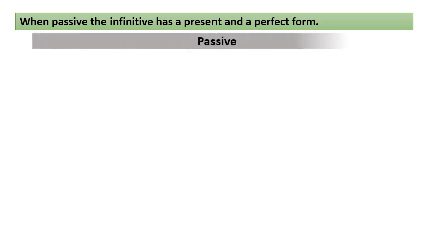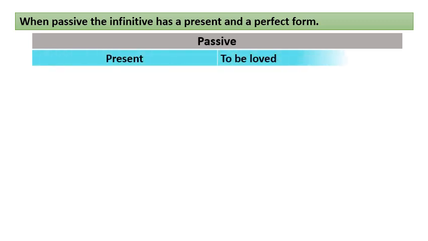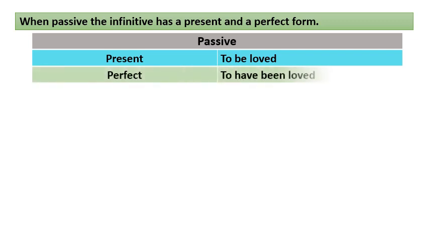To clarify it, let's see the examples of passive infinitive. If present simple tense is there, then the formation will be to plus be plus the third form of the verb. For example, to be loved. If the to infinitive is used in the perfect tense, then the formation will be to plus have plus been plus the third form of the verb, or past participle.